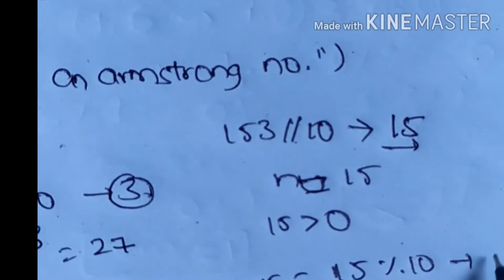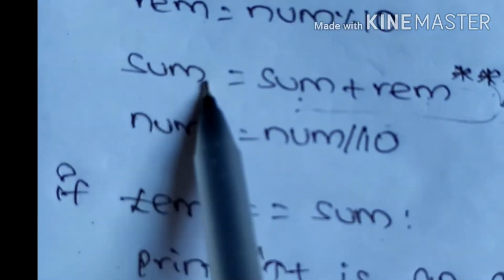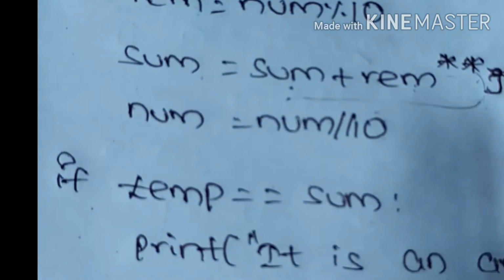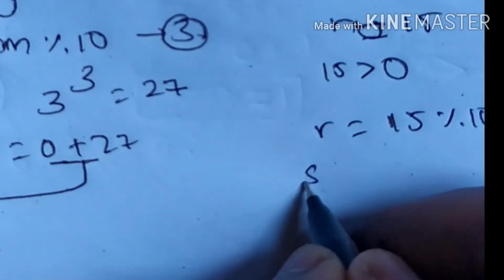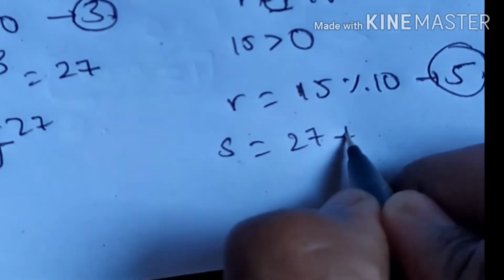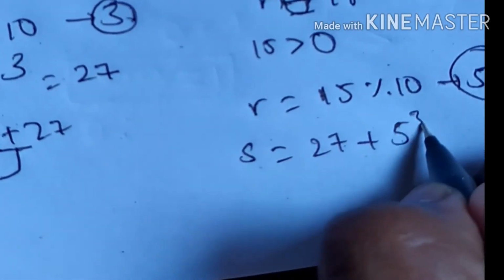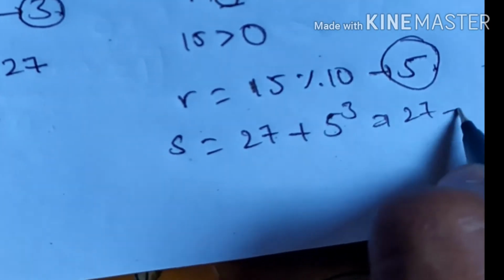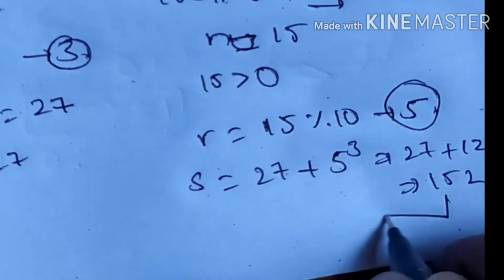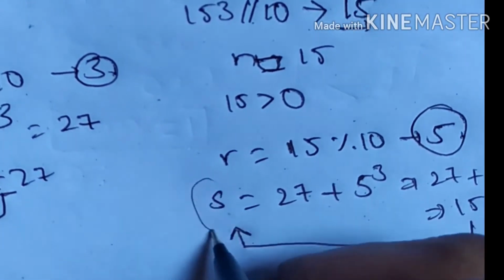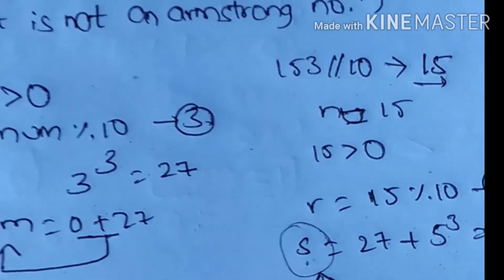We get remainder as 5. And then the next condition is sum equal to sum plus remainder cube. Here we got sum equal to 27, right? Sum equal to 27 plus 5 cube, which will give 27 plus 125, which will be 152. This 152 now is assigned to sum.